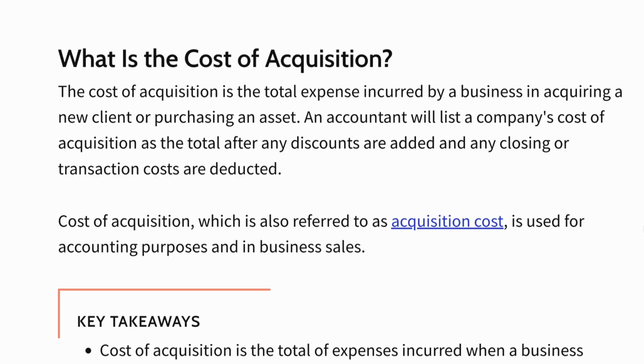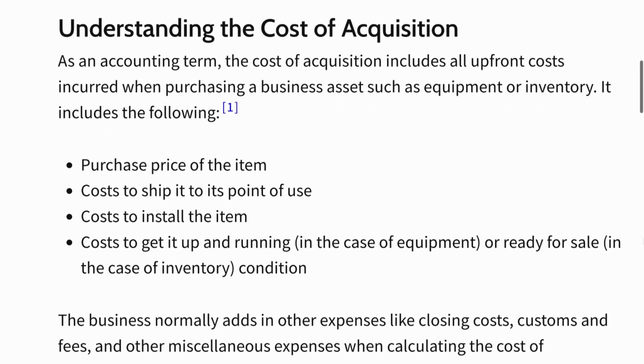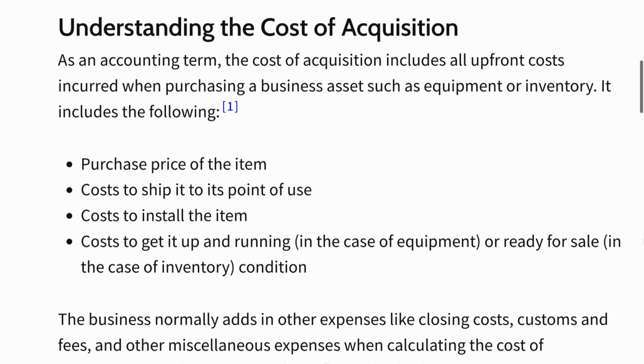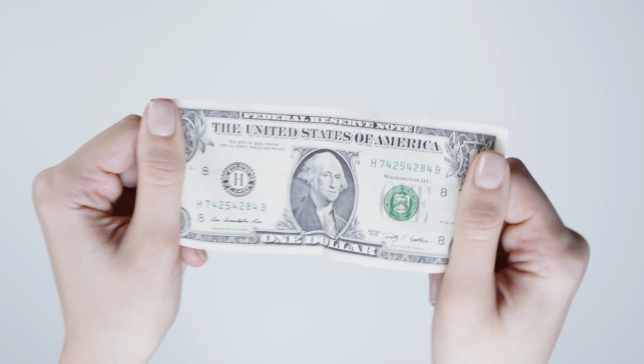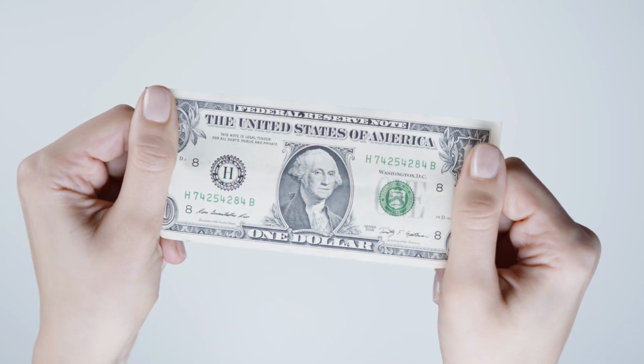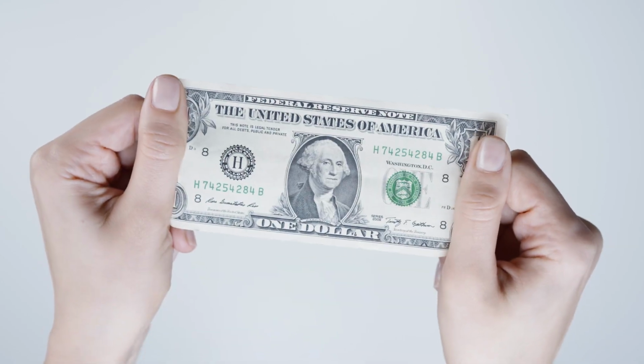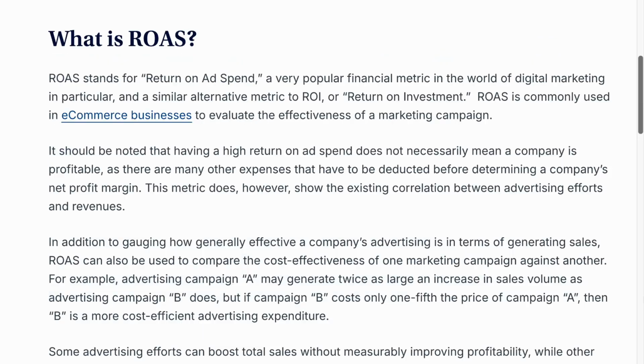It measures the average cost to acquire a new subscriber or customer. Lowering your CPA while maintaining a steady conversion rate is key to maximizing your return on investment. The last one, but one of the most important metrics, is return on ad spend, or ROAS.